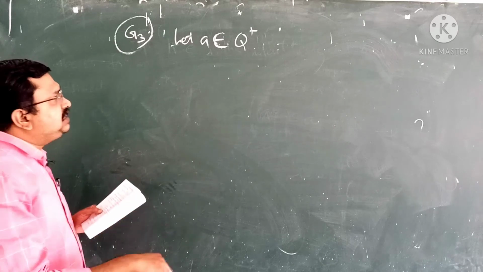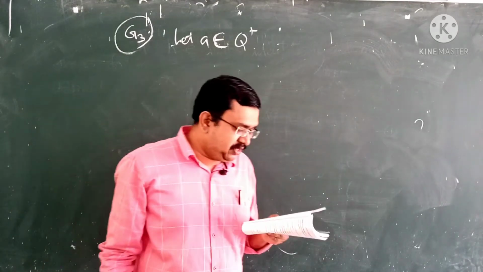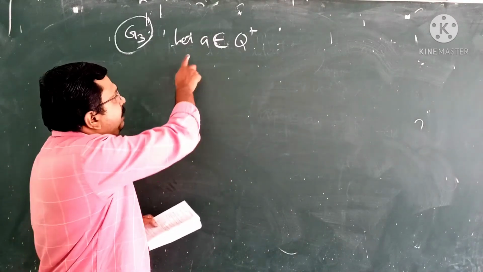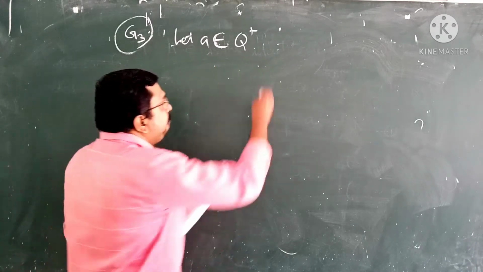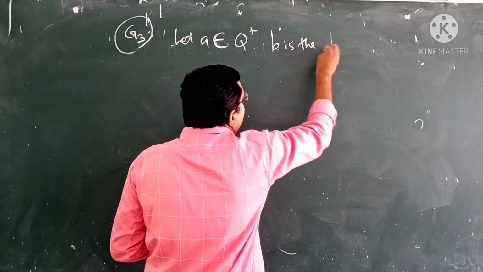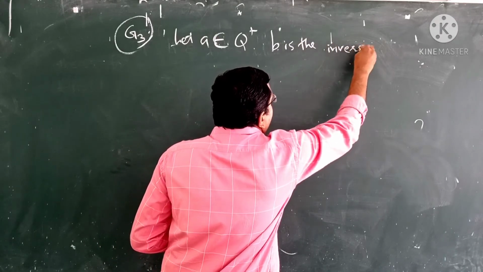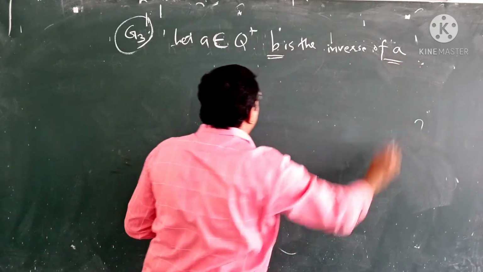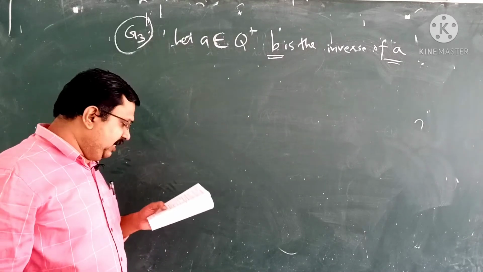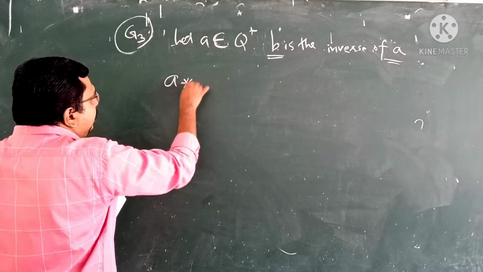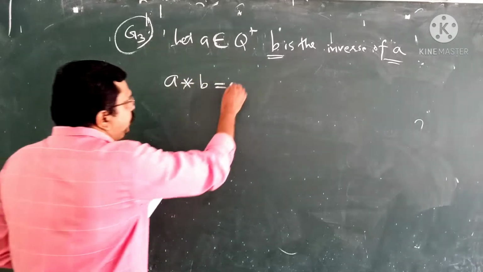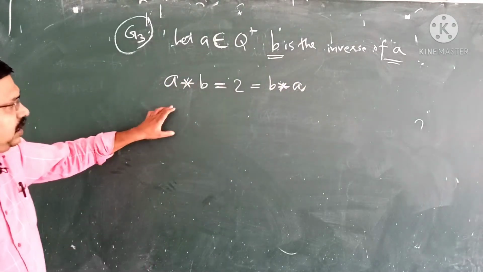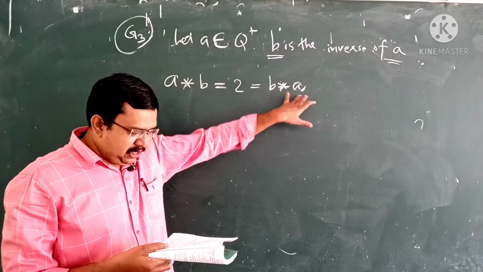If B is the inverse of A in Q plus with respect to the operation star, remember that A belongs to Q plus and B is the inverse of A. If B is the inverse of A and 2 is the identity element, then we can write A star B equal to 2, that is equal to B star A.